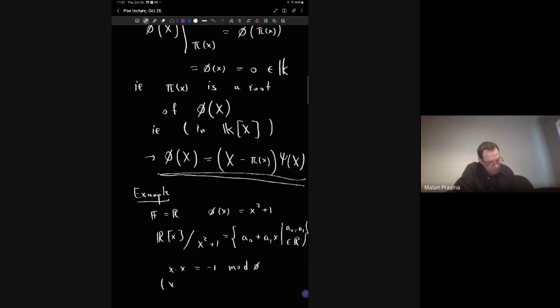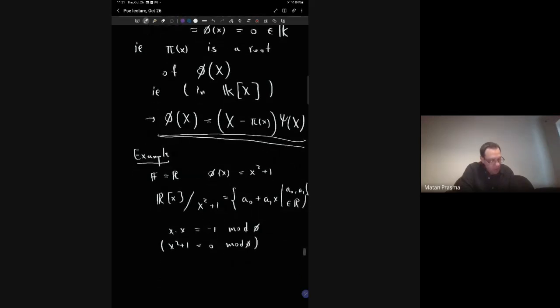Because x squared plus 1 is equal to 0 modulo phi. So what I get is the set of all expressions a0 plus a1x, such that x squared is equal to -1.